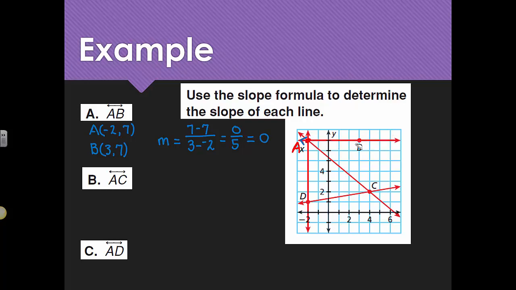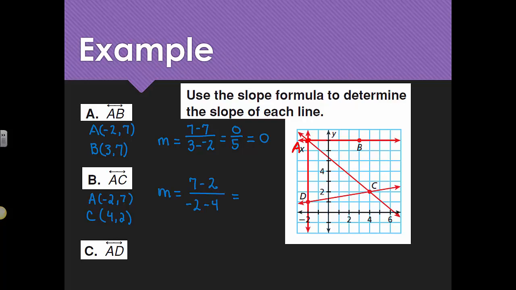Now I'm going to focus on line AC. Again, my coordinates for A are -2, 7, and my coordinates for C are down here at 4, 2. To find my slope, I'm going to subtract my y's on top and subtract my x's on the bottom. So I'm going to do 7 minus 2 on the top, and -2 minus 4 on the bottom.